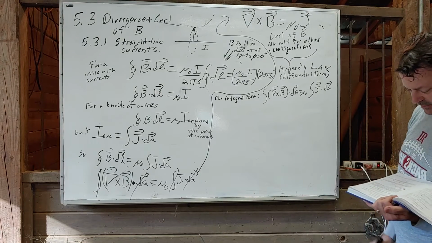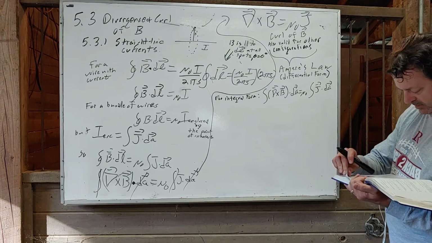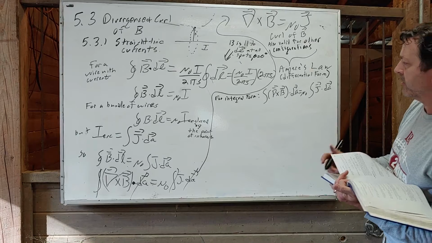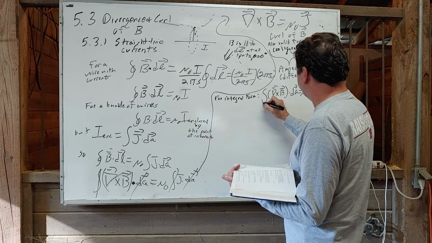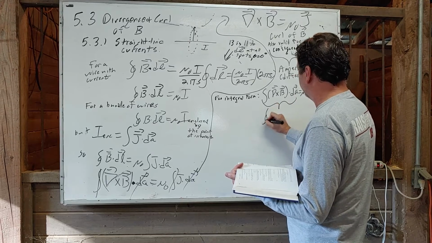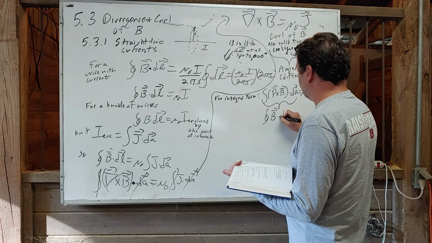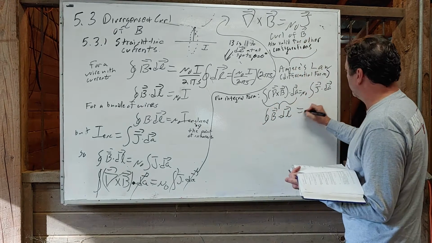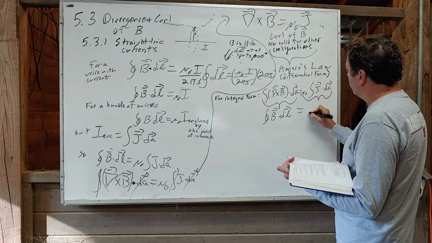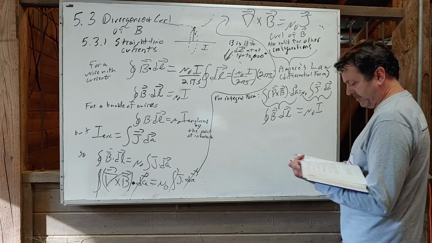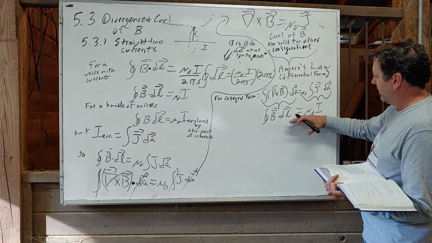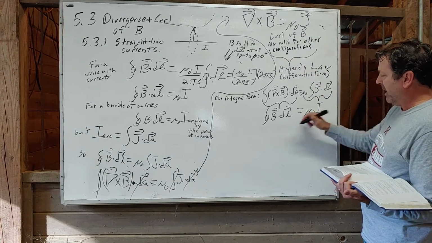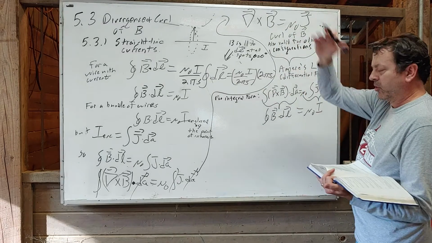And if we do this, of course, this works back to being, this here we said is B dot dL, and this here we said is mu naught I. And this is the current enclosed by that loop there.